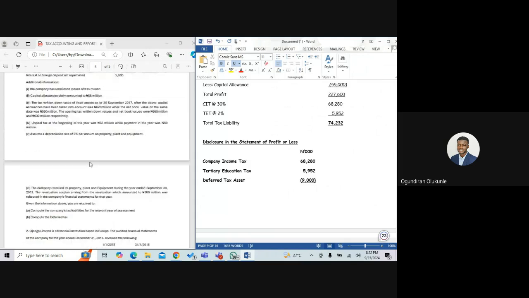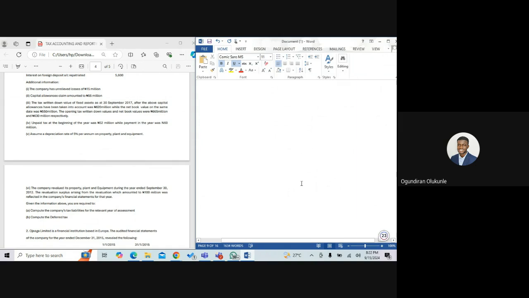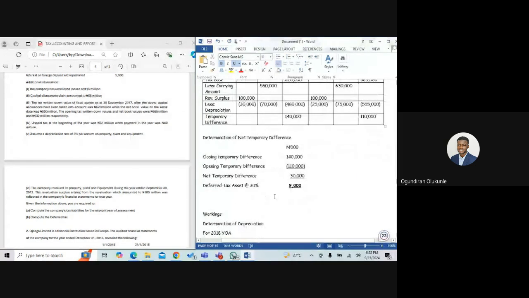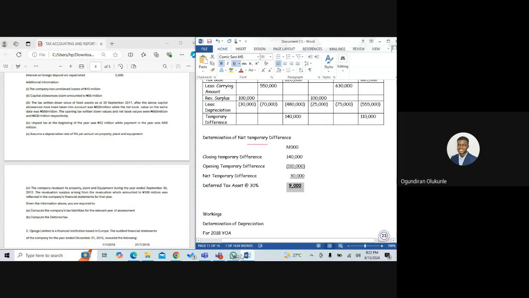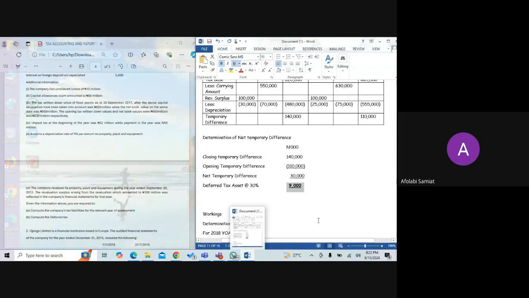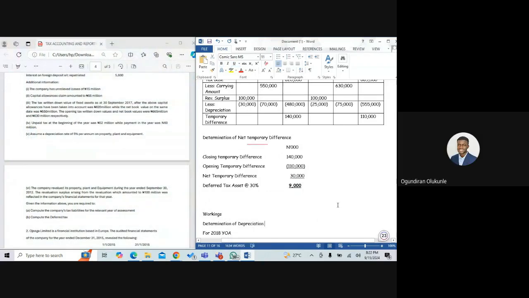Please, where do you get that 9 million? The 9 million we got here. Remember our workings last class. So this 9 million, the deferred tax assets, determination of deferred tax assets. Do you get it?